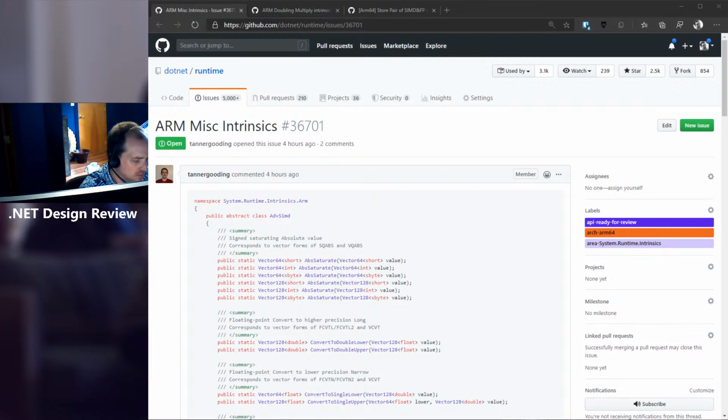So then it just becomes a question of, do we want to expose a variant that takes vector 128 as well as the vector 64, or just match what the underlying instruction actually supports and only take vector 64? According to just what the actual instruction supports. I agree, because otherwise we'd have many more overloads.